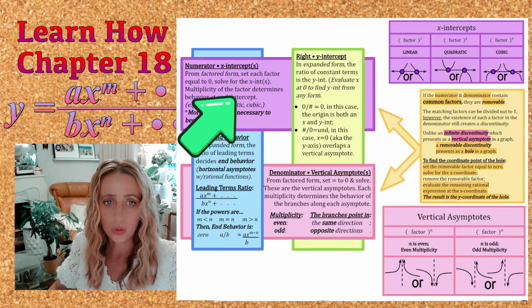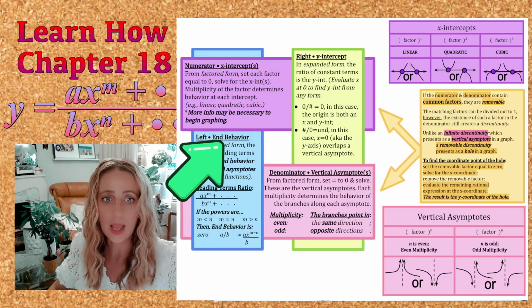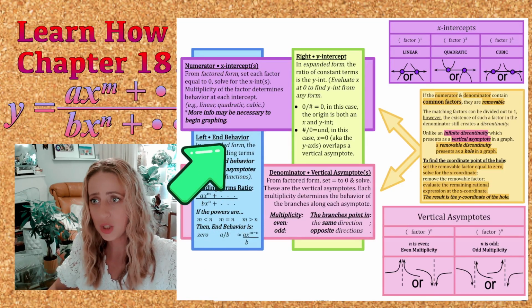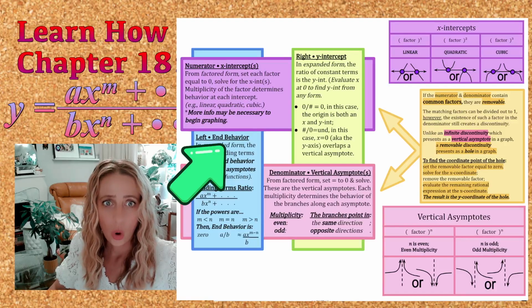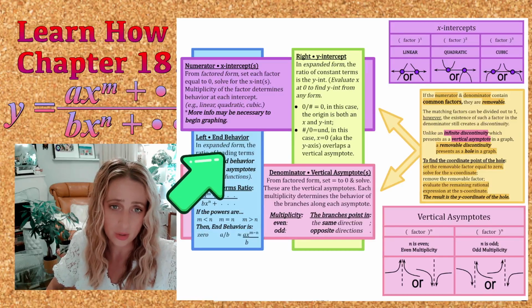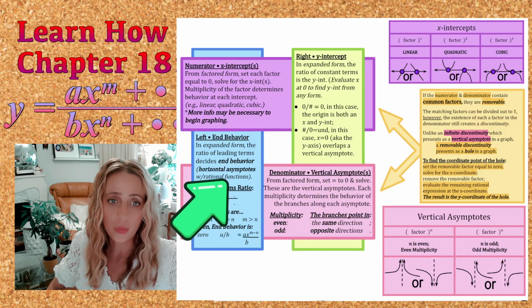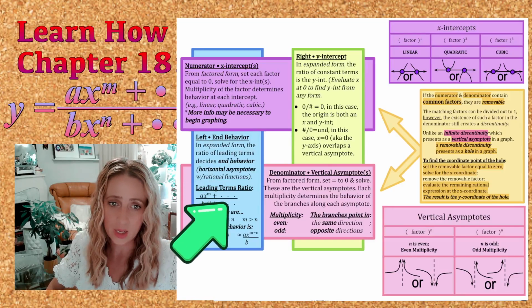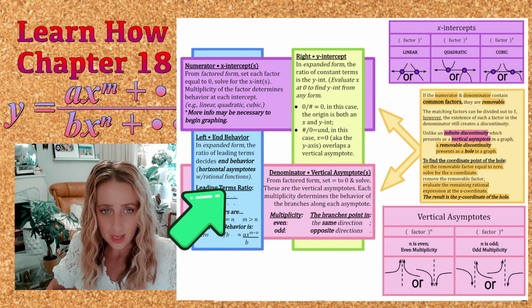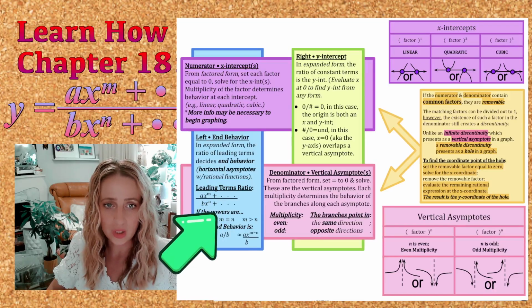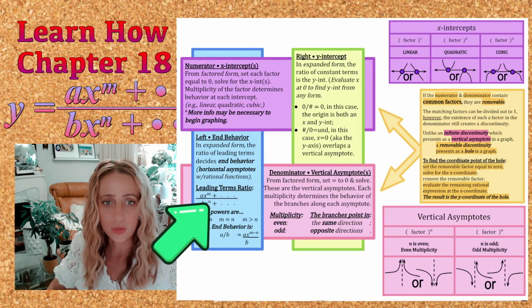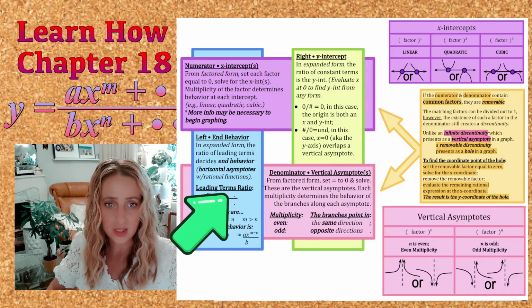And now in blue, we're looking at the left side. We're looking at the end behavior, which most people call your horizontal asymptote, but it really is just your end behavior. Sometimes it looks like a horizontal asymptote. In expanded form, the ratio of the leading terms decides the end behavior. Like I said, often called the horizontal asymptote when dealing with rational functions. The leading terms ratio, so you have ax to the m over bx to the n.